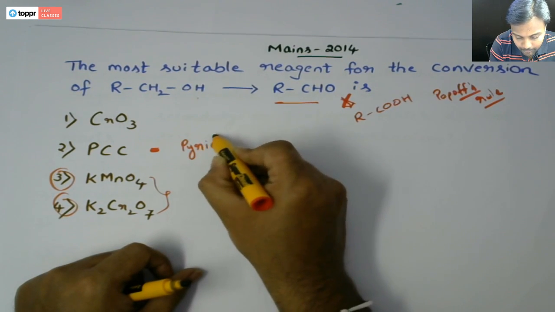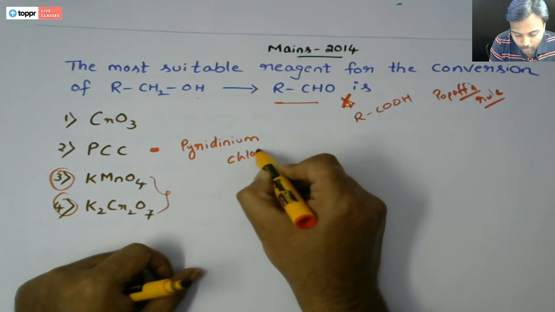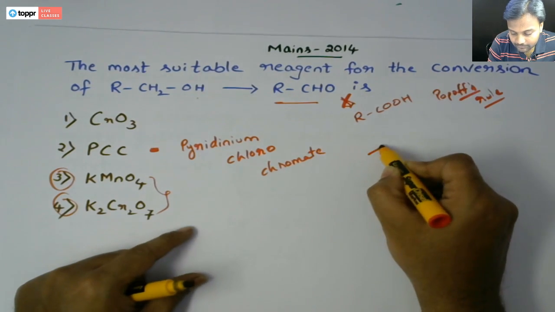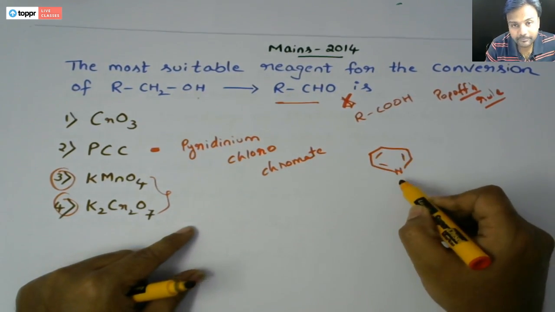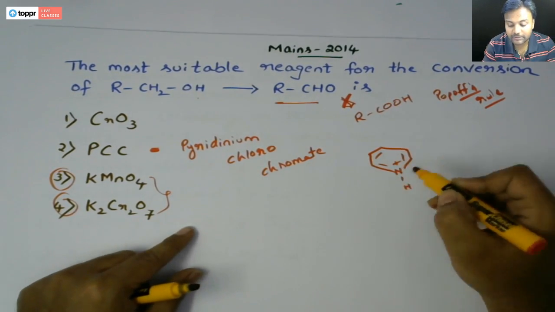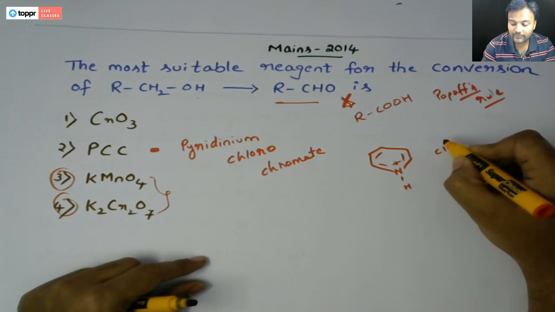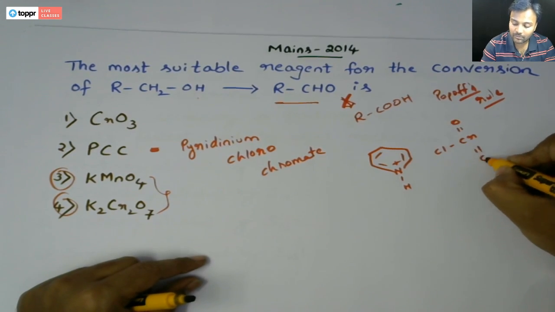Pyridinium chlorochromate. What is pyridine? N, like this. Now this is onium, meaning you have a positive charge. Pyridinium, onium. Chlorochromate, so you have chlorine, chromium, O negative here.